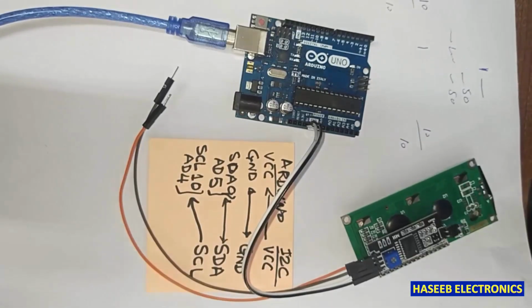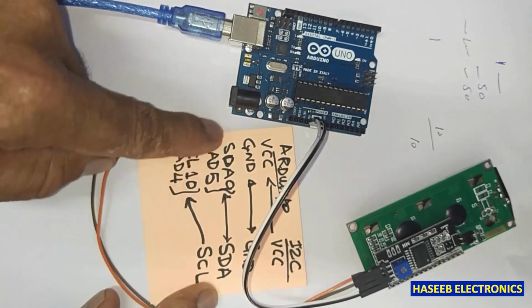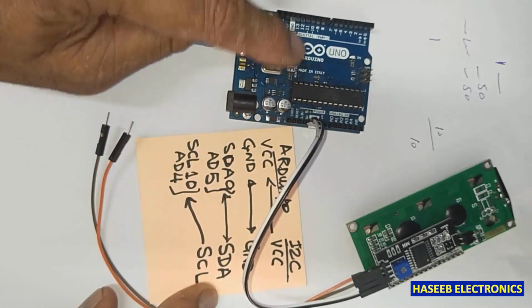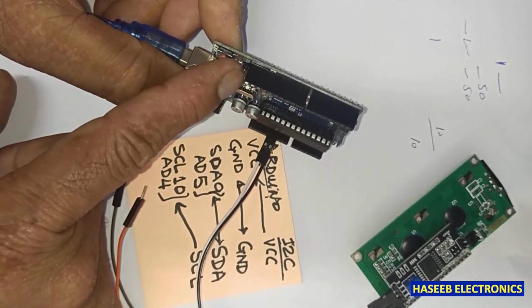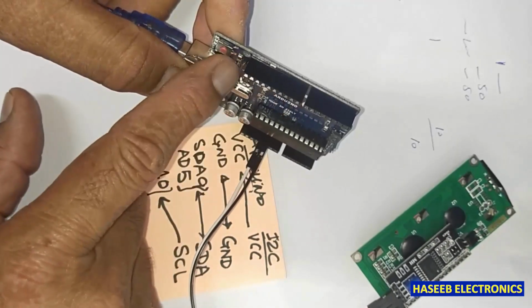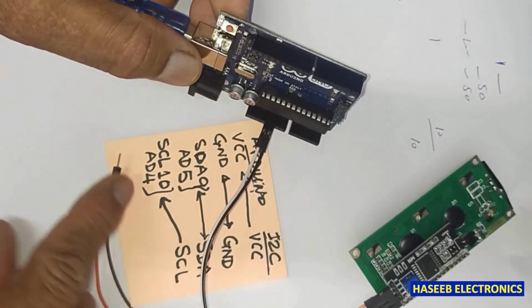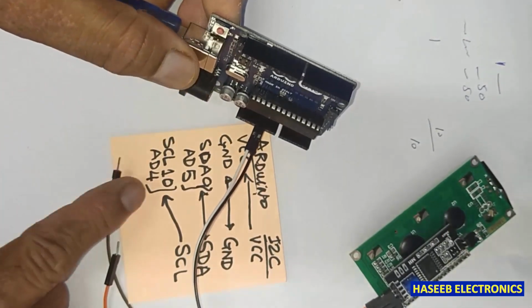Now the next pin is SDA, the data pin for the I2C protocol. In this Arduino Uno board we have two pins dedicated for SDA. In this 10 pin header we have pin number 9, that is SDA, and the last, SCL, is pin number 10.